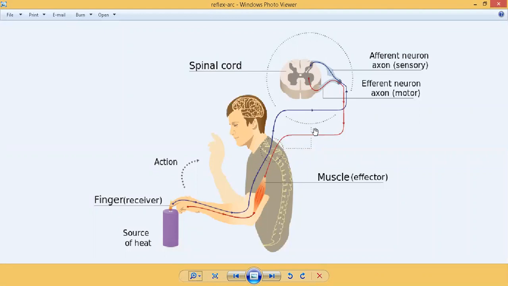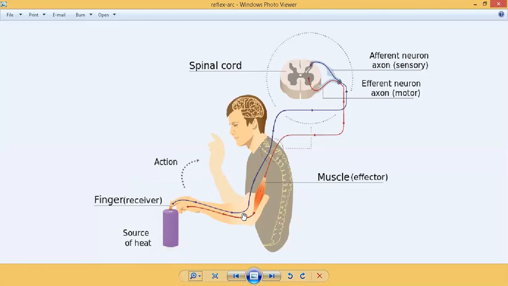This whole layout organization is known as the spinal reflex arc. So this is the reflex arc, the complete pathway. Now, spinal reflex action is an involuntary and immediate motor response to a sensory stimulus.